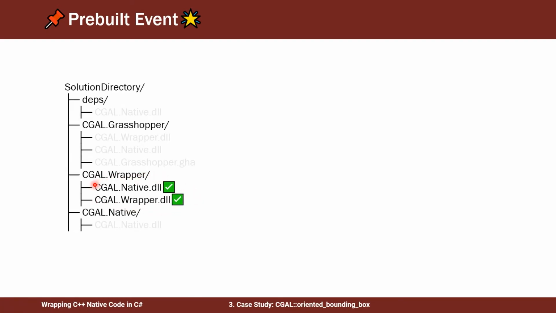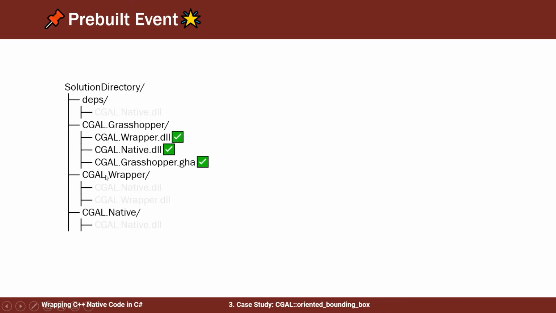The wrapper DLL must be with the C++ DLL together, so we put it here. And finally, this is the application folder. So we can have the C# DLL, the wrapper, the C++ DLL, and finally the application file here.